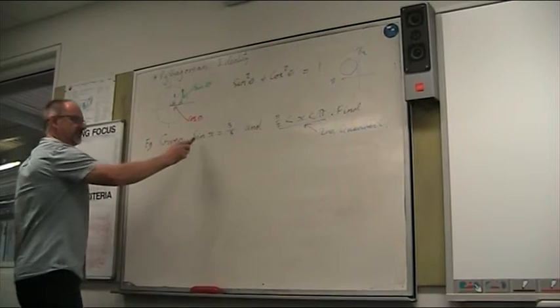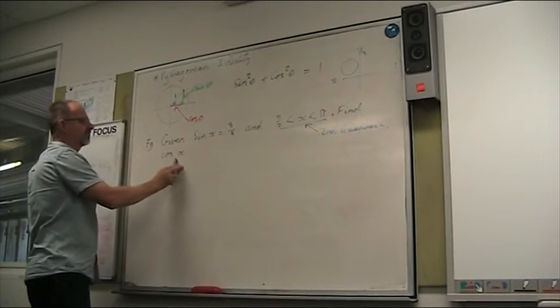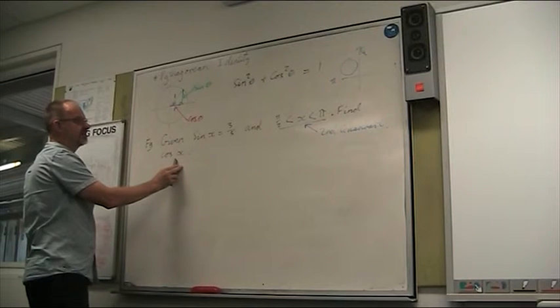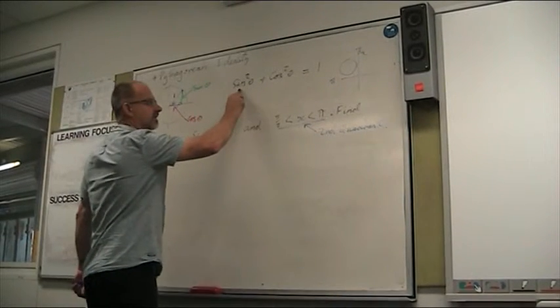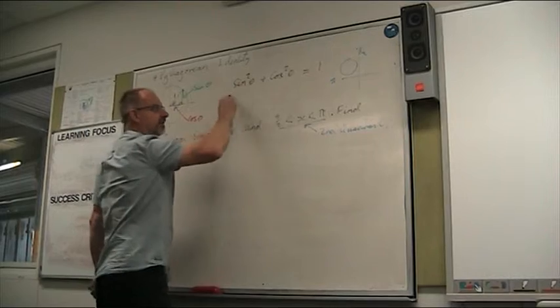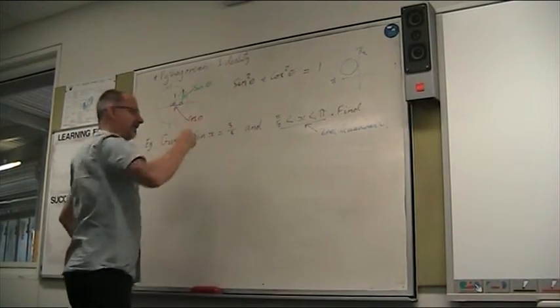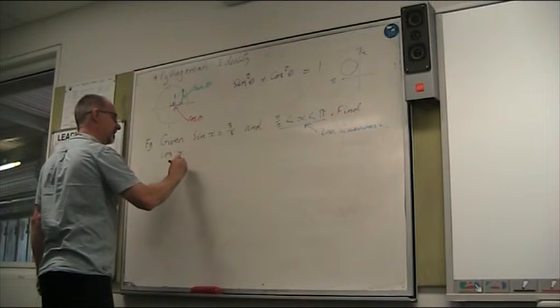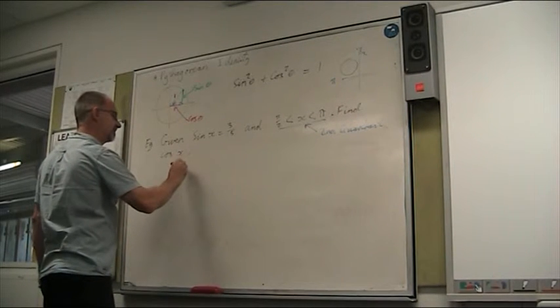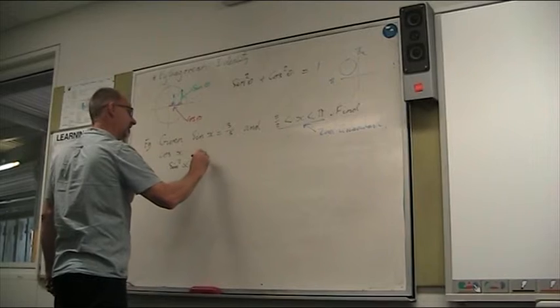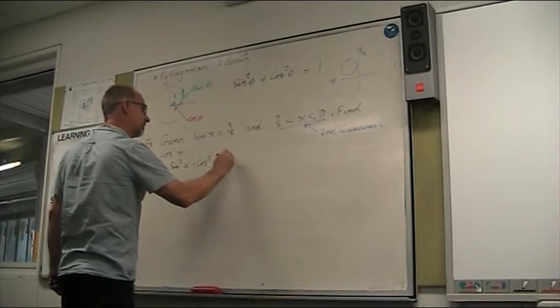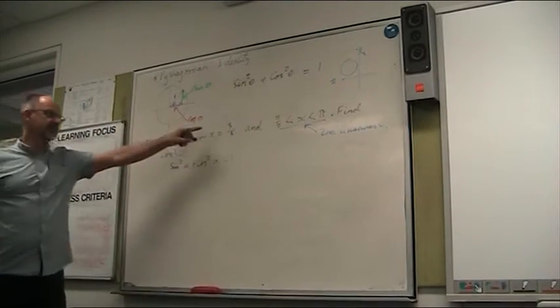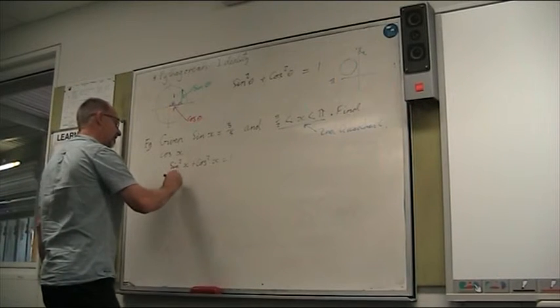Alright, sine x is what we've got, cos x is what we're asked to find. We know that sine and cos are related by the Pythagorean identity. So, sine squared x plus cos squared x is equal to 1. And we're told that sine is 3/5.